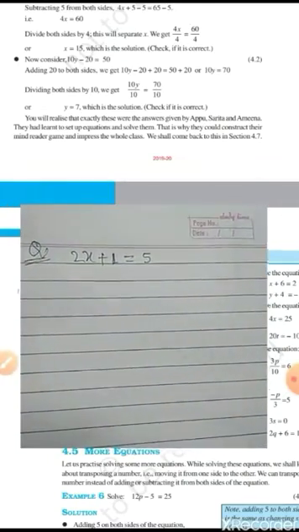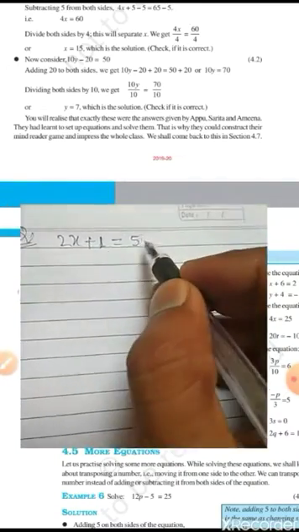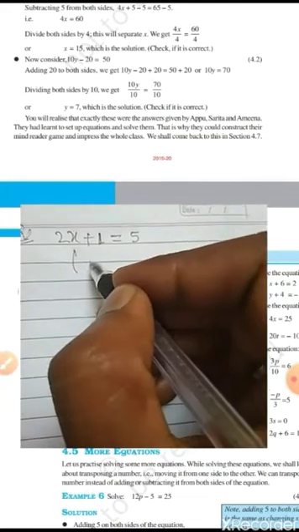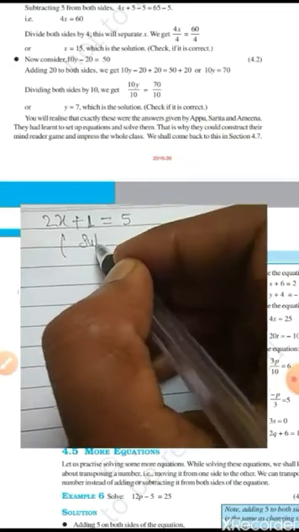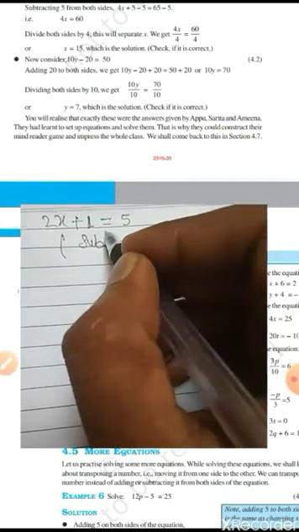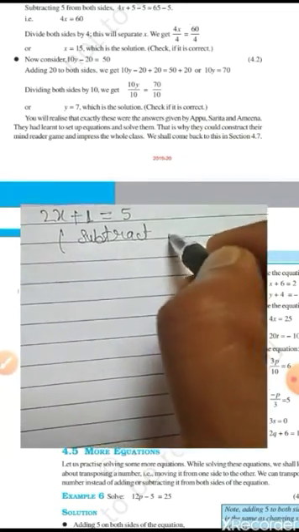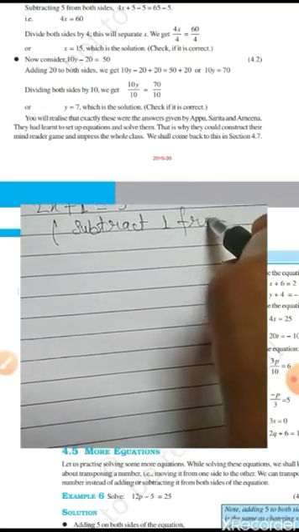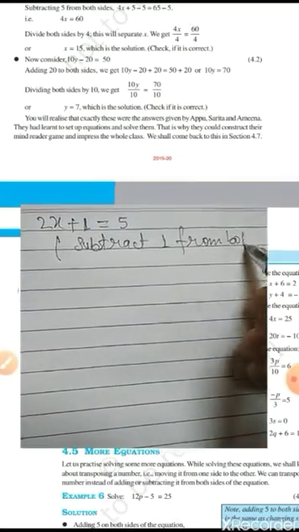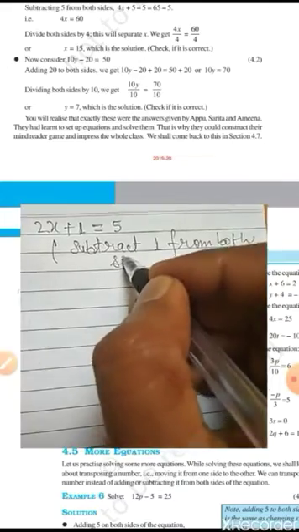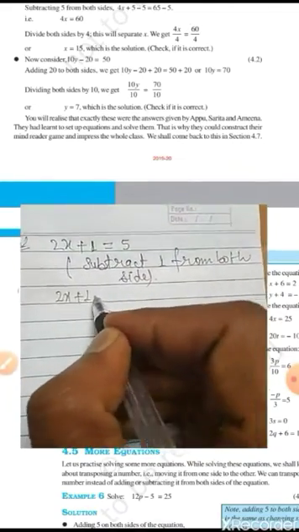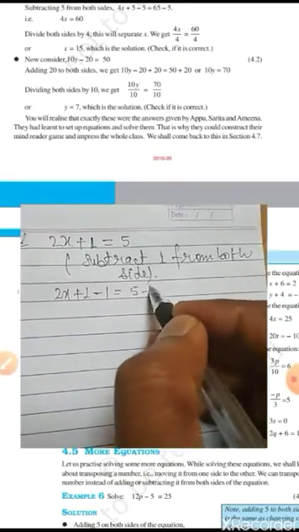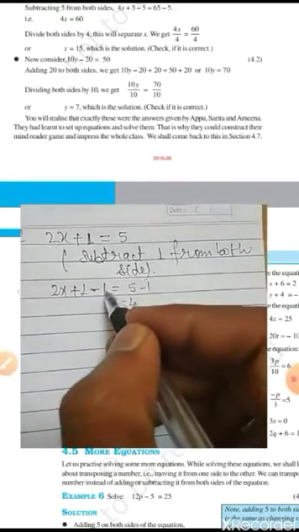What is the first step to solving this equation? The first step is, subtract 1 from both sides. So 2x plus 1 minus 1, 5 minus 1.